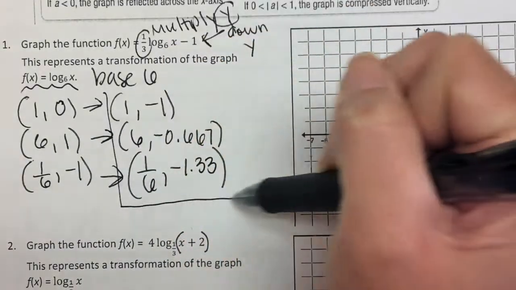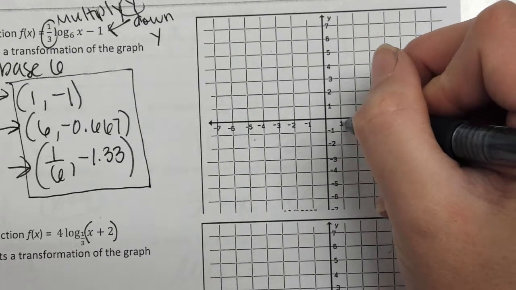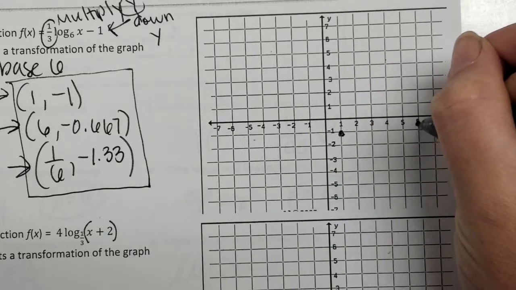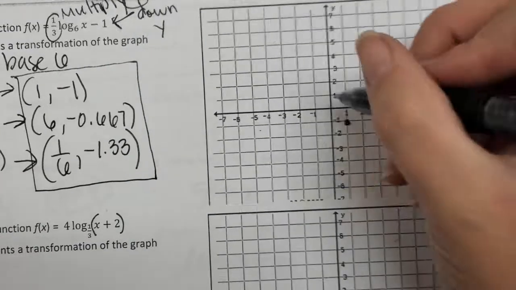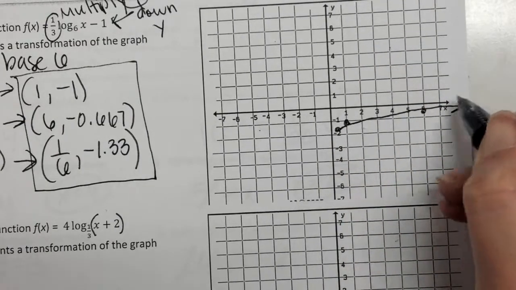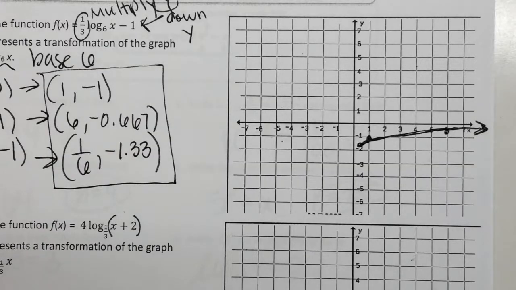Now graph these points. Questions? Isn't that a lot easier than transforming it? I feel like having to graph the parent graph and move them.